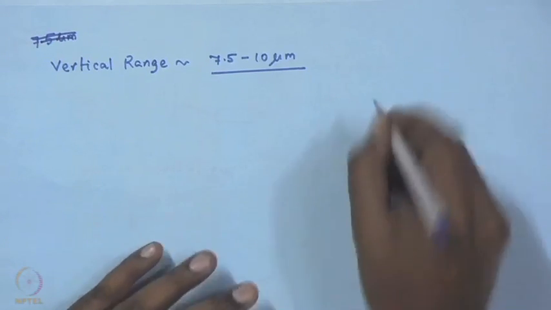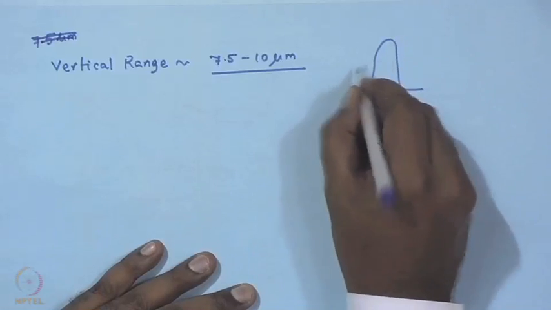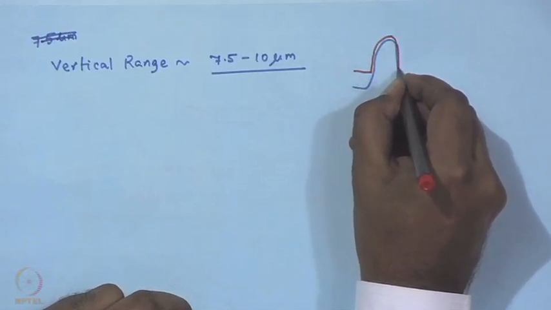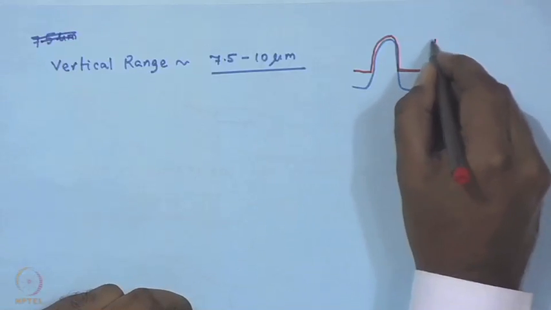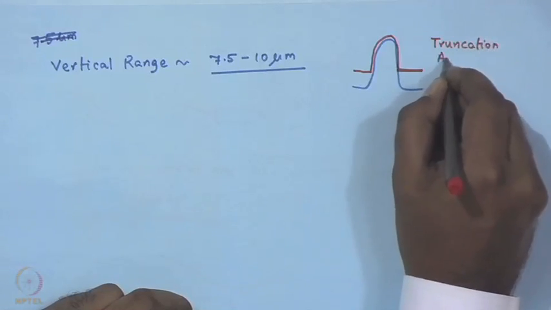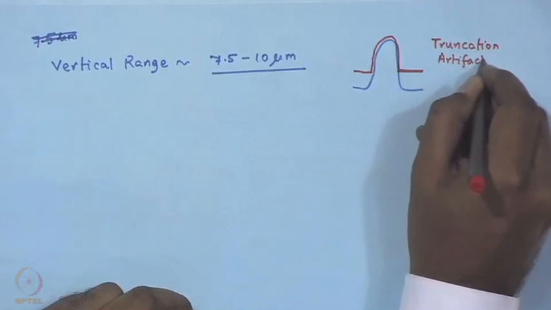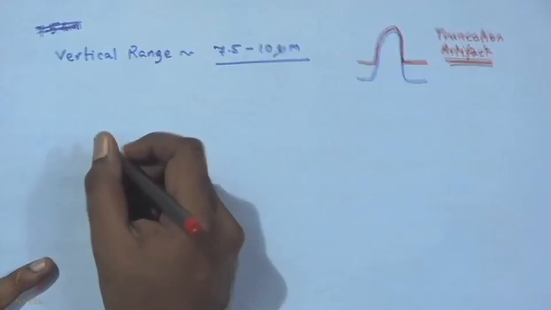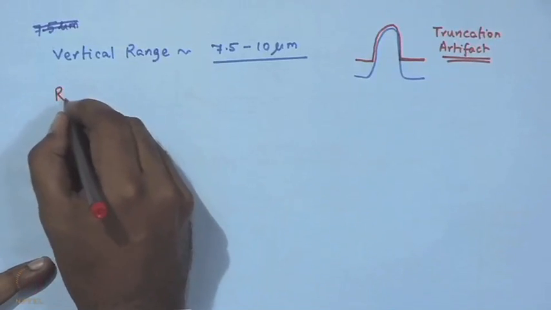Of course, it can scan, but if you have a very rough feature, the image you will get will be something like this, again some sort of an artifact. This is a truncation artifact that will come in.